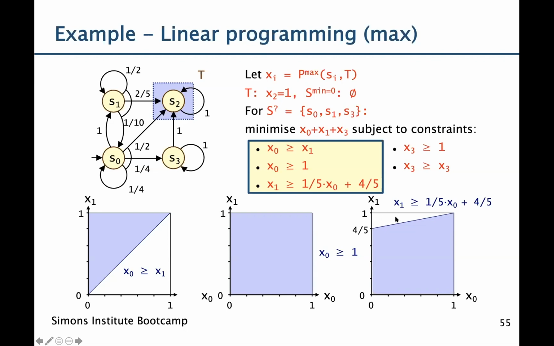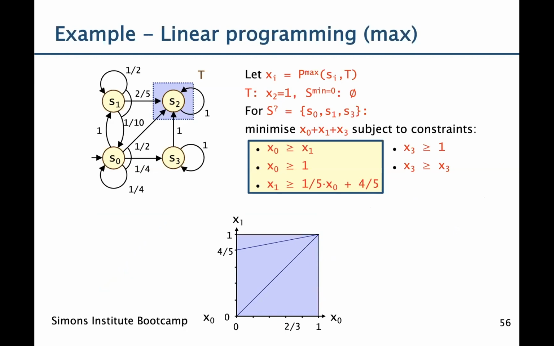This white area is where x1 is greater than or equal to 1/5 times x0 plus 4/5. If we combine these, then we take the minimum, and we find that there's only one feasible solution, and that's when x0 and x1 are equal to 1.